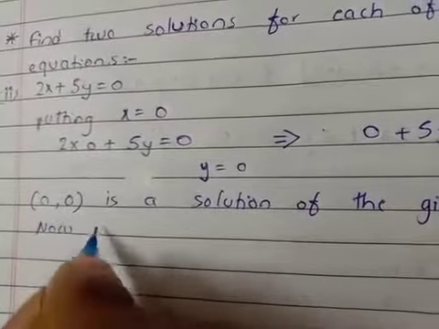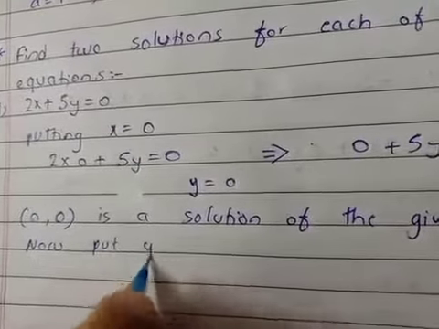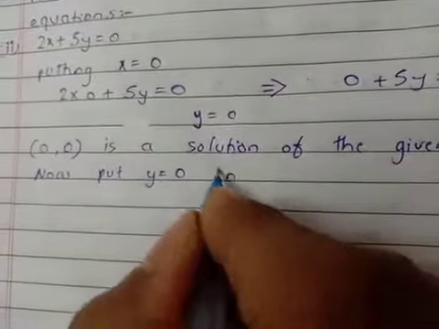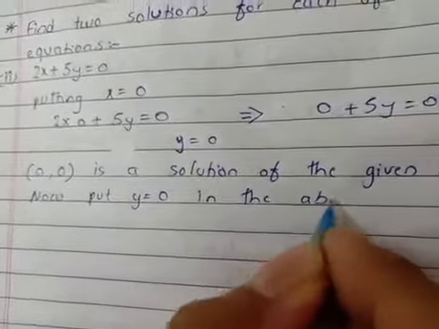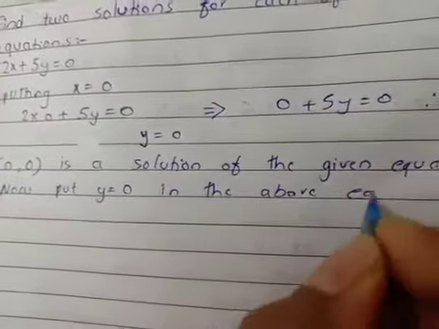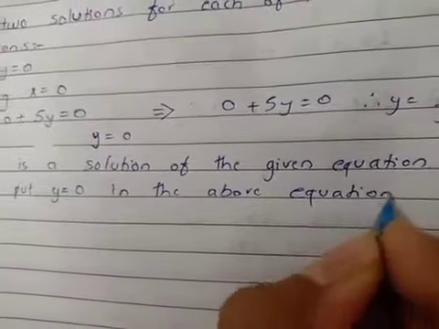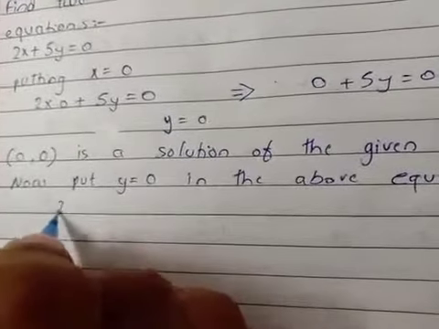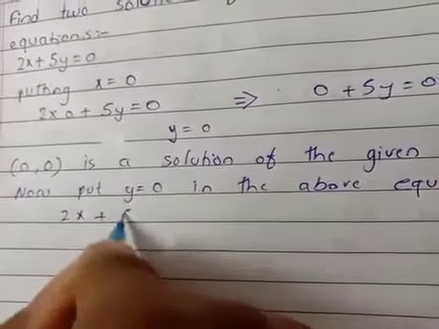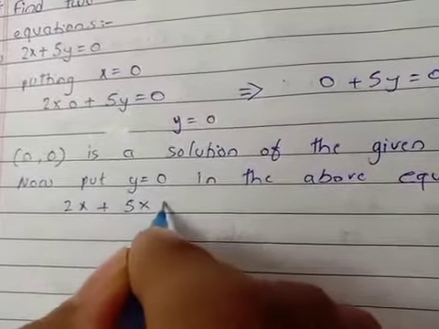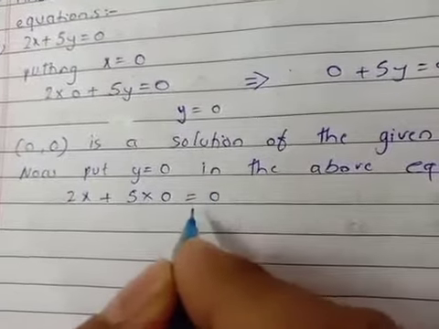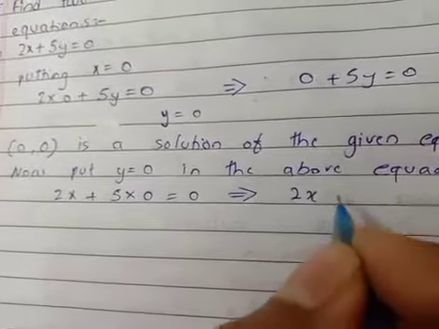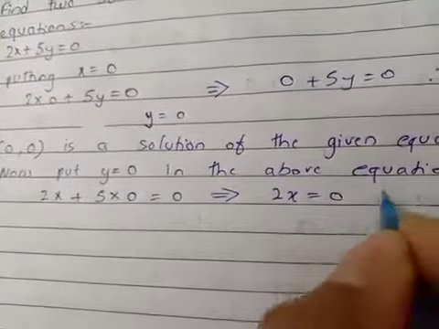Now put y equal to 0 in the above equation. What we will get if we put y equal to 0? It will be 2x plus 5 into 0 equal to 0. So this will be 2x equal to 0.